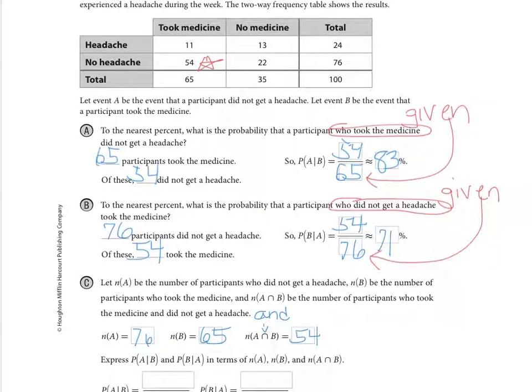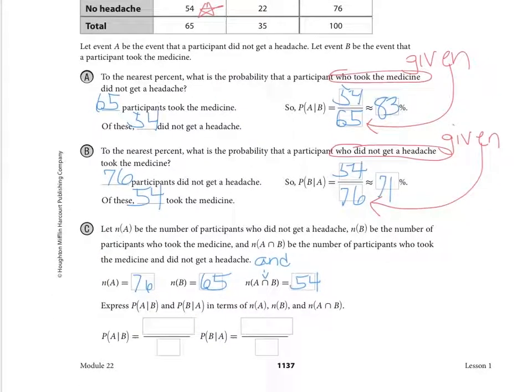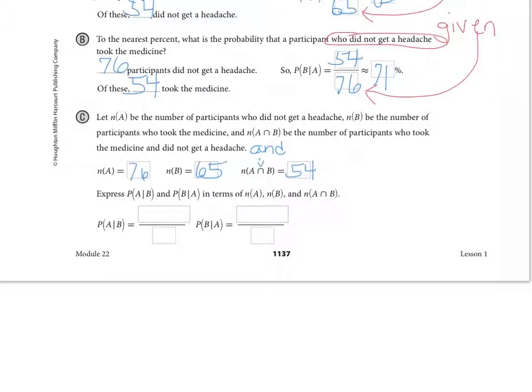So next we're going to express the probability of A given B and the probability of B given A in terms of the number of participants in A, in B, and in A and B. Okay, so let's look back at those calculations again.